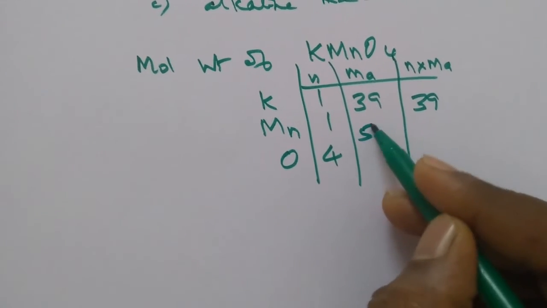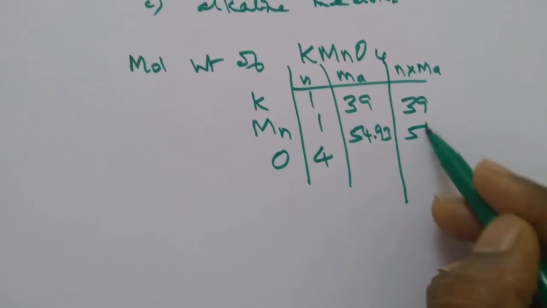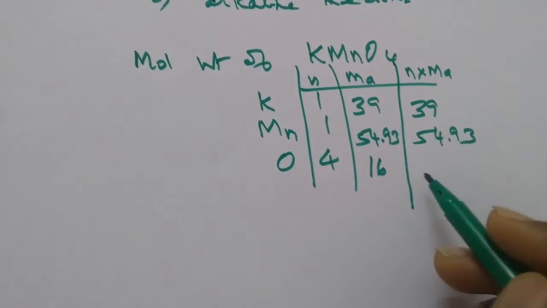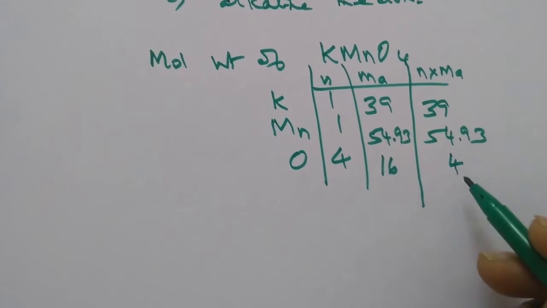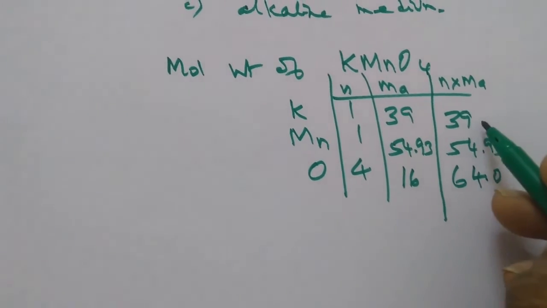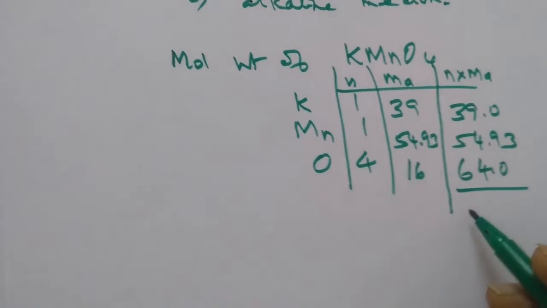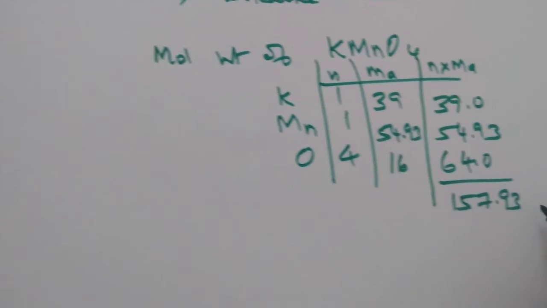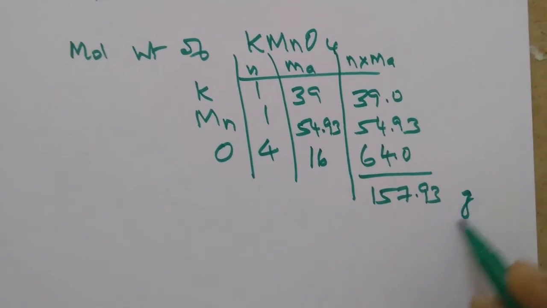Adding the three, we get the molecular weight of potassium permanganate, KMnO4, equal to 157.93 grams per gram mole.